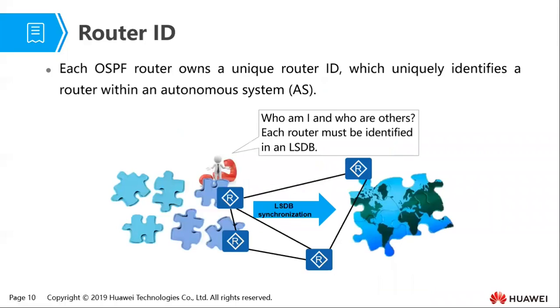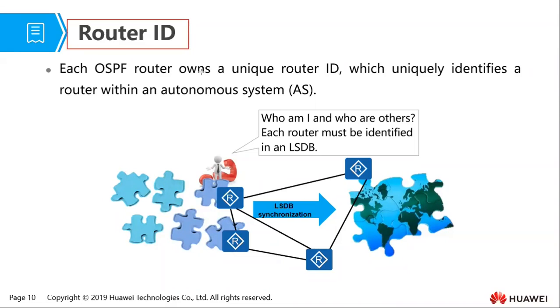So, neighbor relationship establishment. In an OSPF network, every router must be identified with a unique number called the router ID. We're already familiar with the router ID, but I just want to emphasize that the router ID is a 32-bit unsigned integer, which has the same format as an IP address.